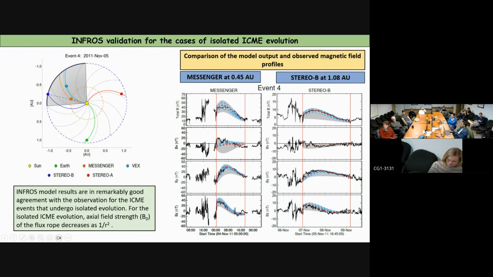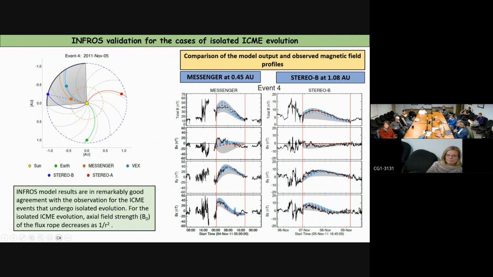Part of the model results are associated with the lowest impact for this particular event. Lowest impact means the distance between the spacecraft and the magnetic axis of the CME was lowest. For that part, we have found the cyan dashed lines matching very well with the observed magnetic vectors.